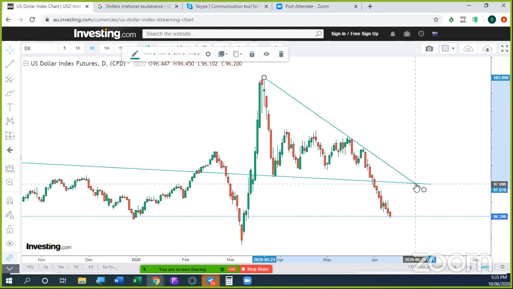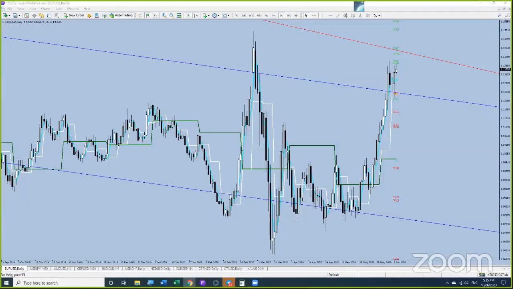If that happens, then we should have a bit of a picnic on the Aussie US dollar, the Kiwi US dollar, the pound US dollar, the euro US dollar, just about anything that has got US dollar in it. We should be having a fine old time, but it's not there yet. And that's what I've been waiting for, very much so.